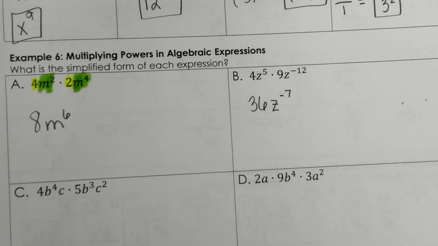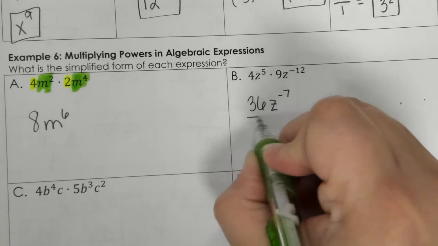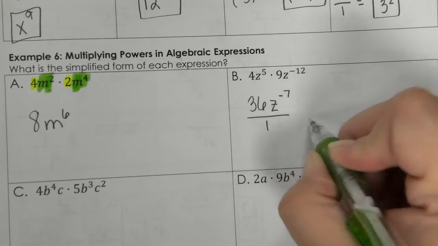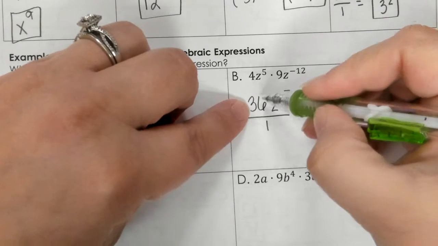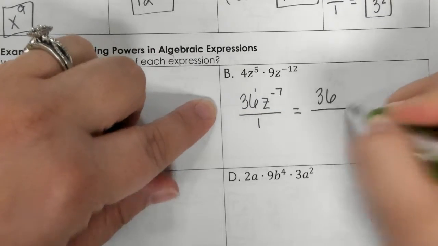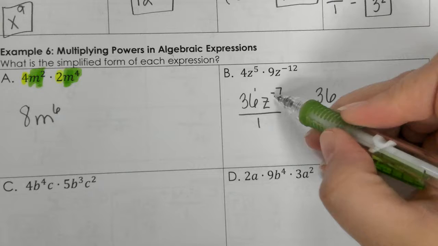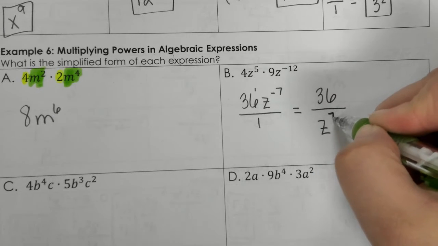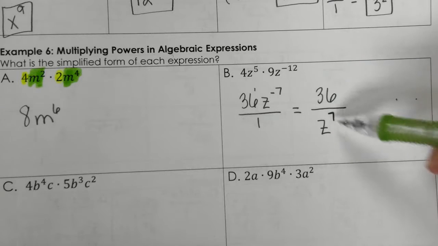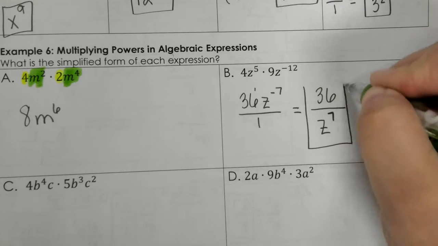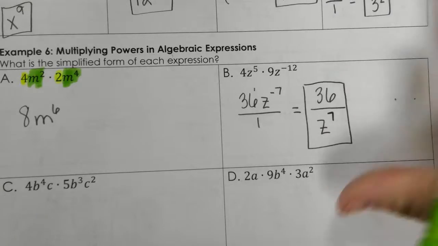But we know we can't have a negative exponent, so we're going to put this over 1 and flip only the negative exponent. So you have to remember that 36 really has a positive 1 there, so it stays. The z would move to the bottom, and we change it to a positive. Okay, so this is your final answer for letter B.